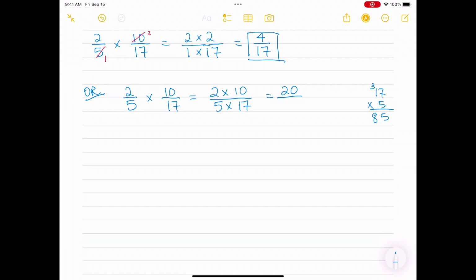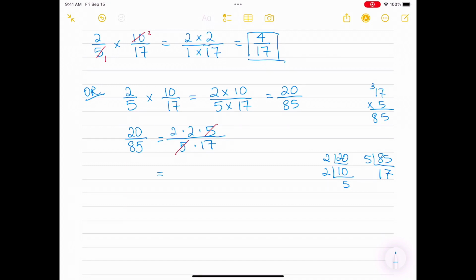Now I have to simplify because I see that both 20 and 85 are divisible by 5, so I will factor out those numbers. 20 factors to be 2 times 2 times 5, and 85 factors out to be 5 times 17. The 5 in the numerator and the 5 in the denominator cancel out, leaving 2 times 2, or 4, in the numerator and 17 in the denominator.